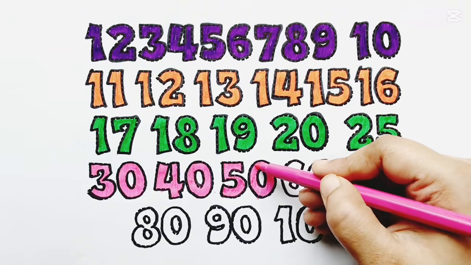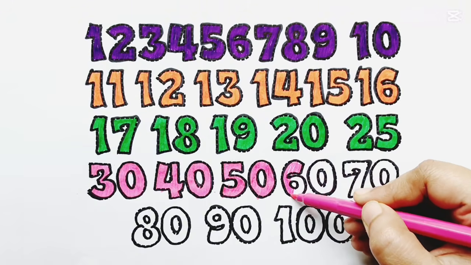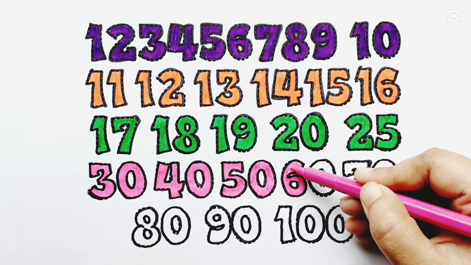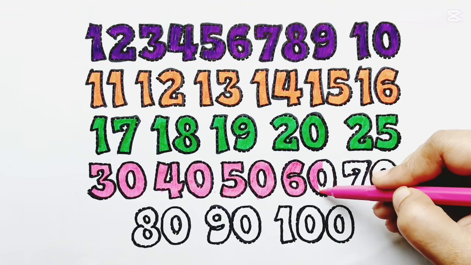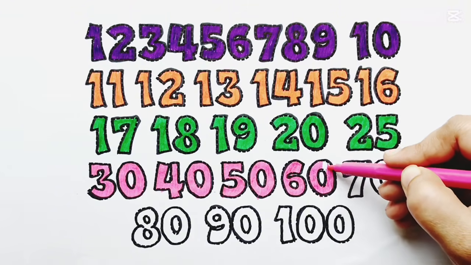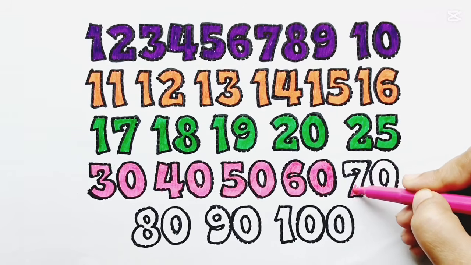Let's see a list of words that start with the letter A. Number 60. Angel, address, animal, answer, April, autumn, ambulance, airplane, arrow, 70.